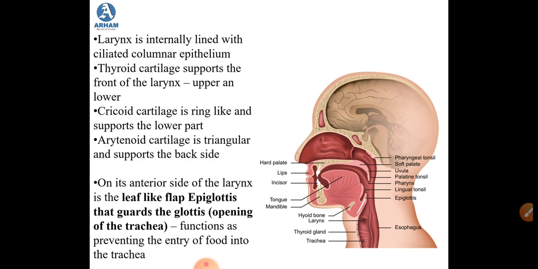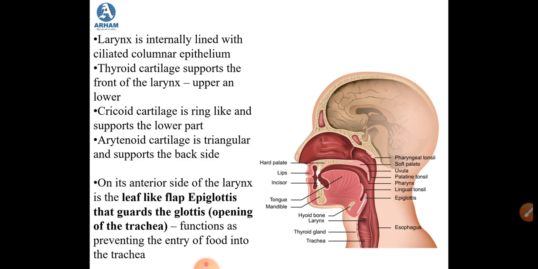Now, on the anterior side of the larynx, there is a leaf-like flap which is known as the epiglottis. Now this epiglottis guards the glottis. What is the glottis? The glottis is the opening of the trachea. So the function of this epiglottis, which is a leaf-like flap on the glottis, is preventing the entry of food into the trachea, which is the windpipe.